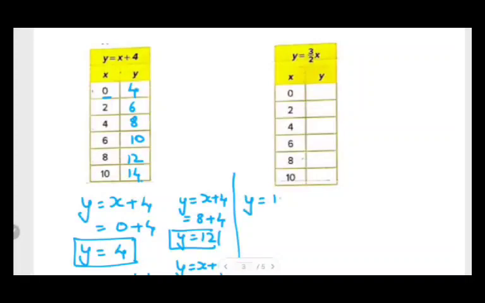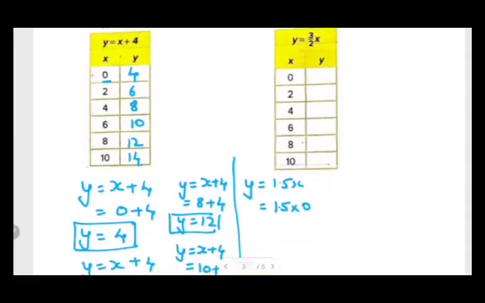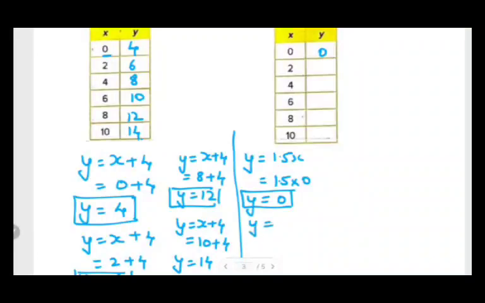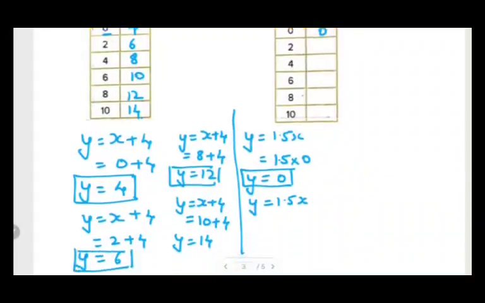y is equal to 1.5x. So when x is 0, y is going to be 0. Y is equal to 1.5x. That means 1.5 into 2, so y is going to be 3.